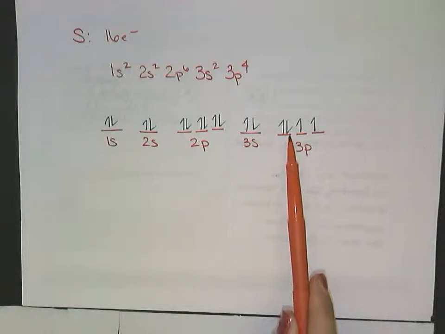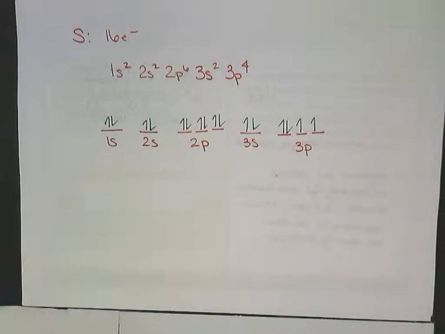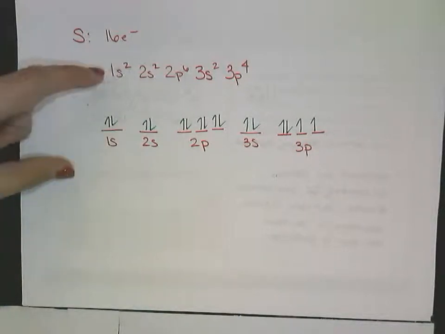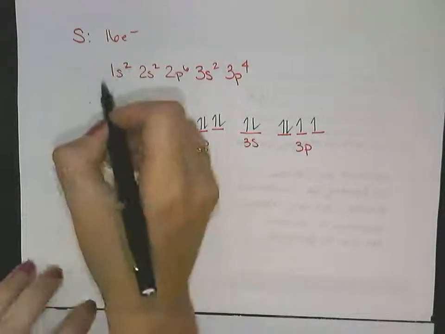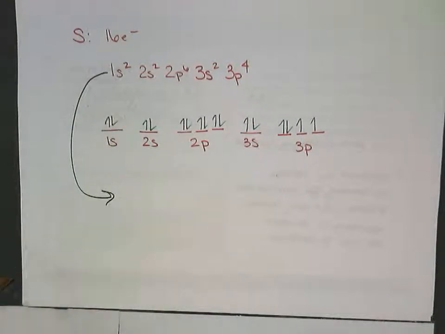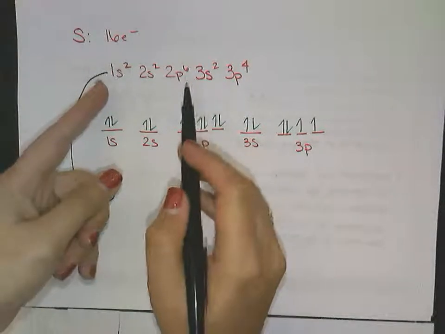All right, so we got electron configurations, we got orbital diagrams. A shorthand electron configuration would say, all right, these guys are the core electrons, right? 1s2, 2s2, 2p6, those are all core.